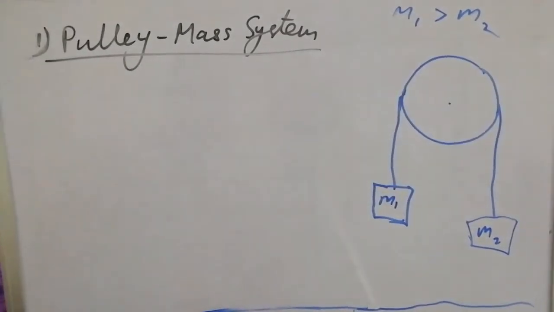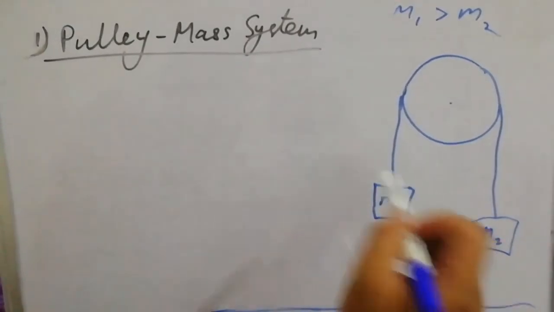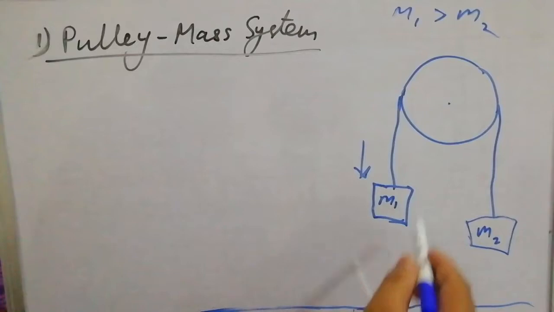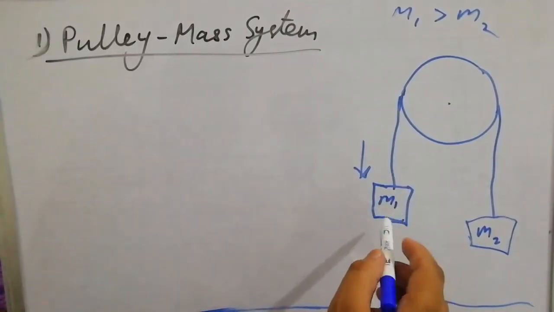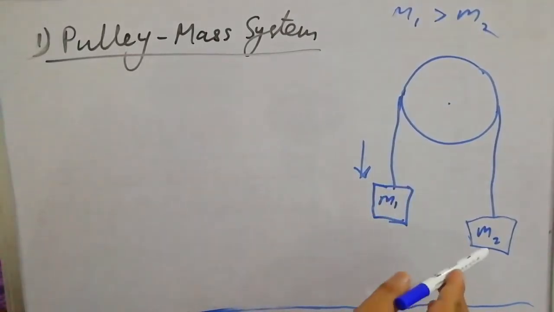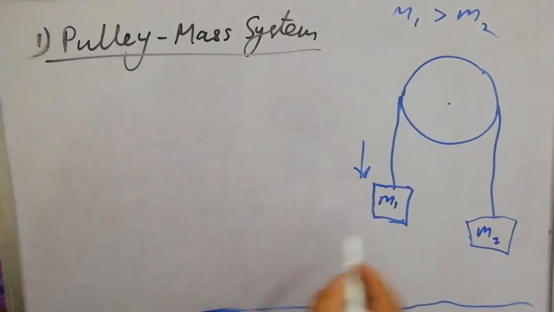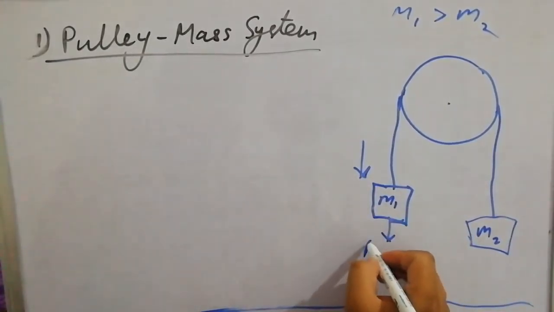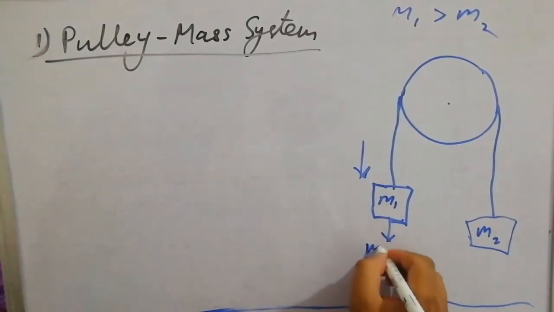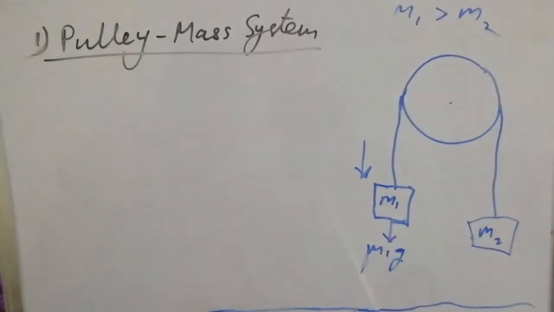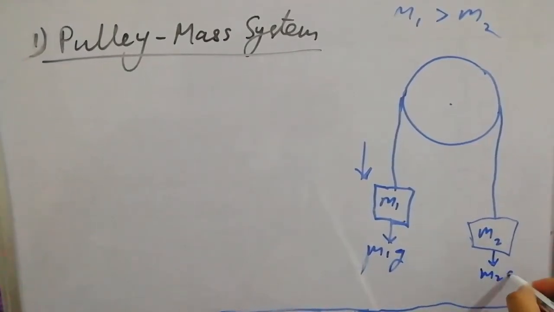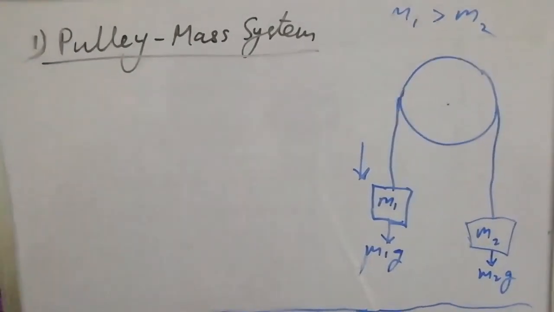If m1 is greater than m2, that means the mass m1 will be going downwards and the mass m2 will be going upwards. So the weight applied by the mass m1 will be equal to m1g, and the weight applied by the mass m2 will be equal to m2g.